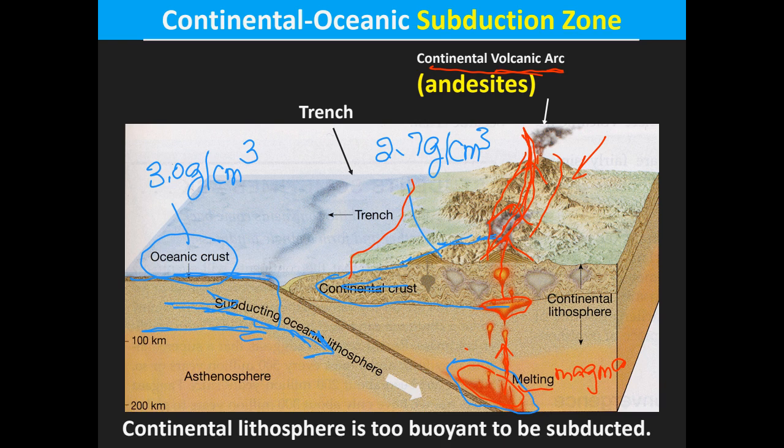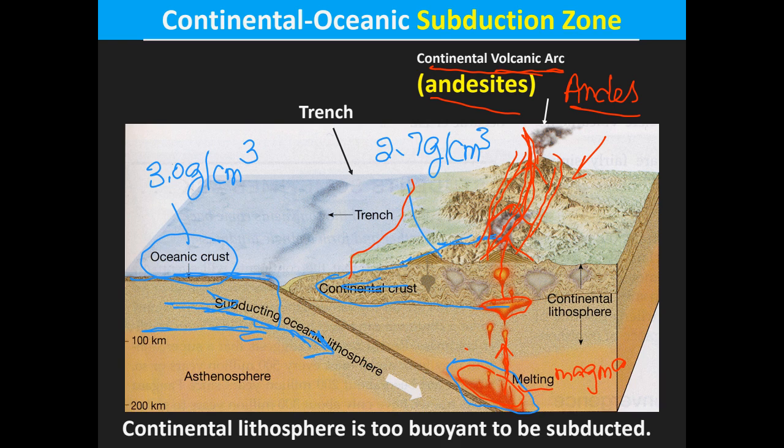The type of rocks that you can find here are called andesites. And the name of the mountain, for example, in South America is called the Andes, Los Andes, which is a typical example of this kind of plate boundary.